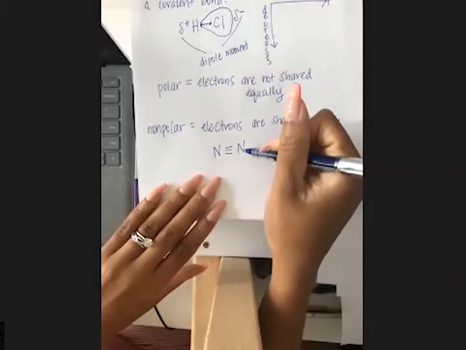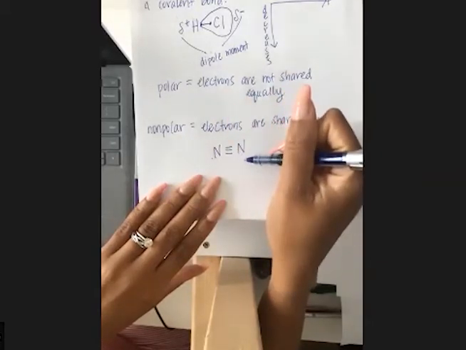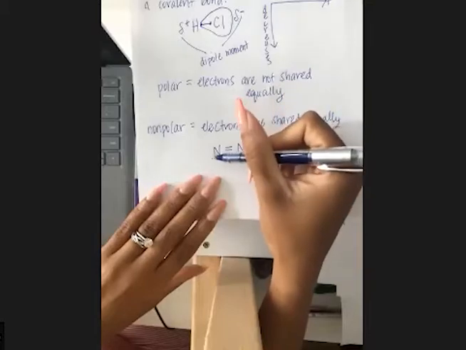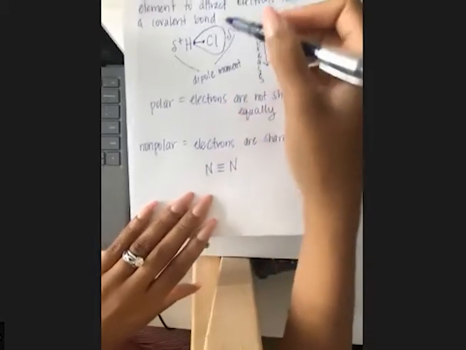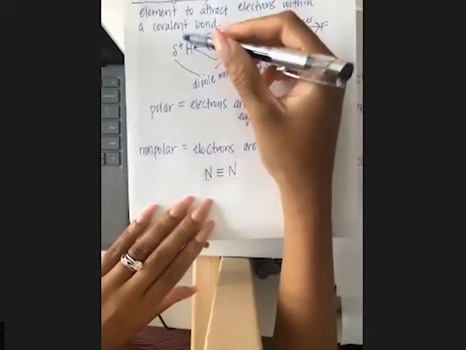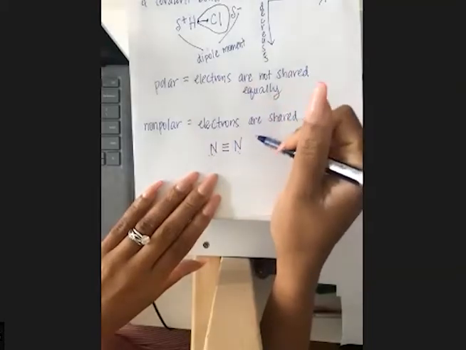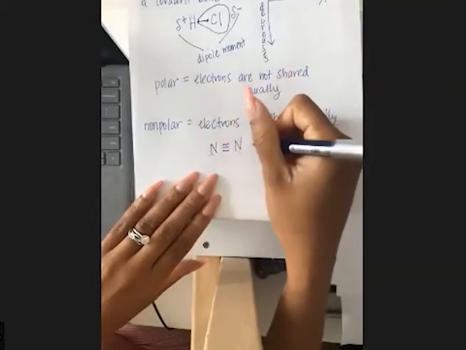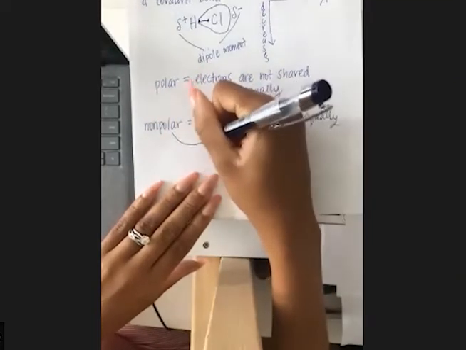In this bond here, both of the atoms are nitrogen, so their electronegativity is going to be the same. So no partial negative or partial positive is going to form because they're the same atom. They're not going to pull any differently, so they're going to share the electrons in this bond equally.